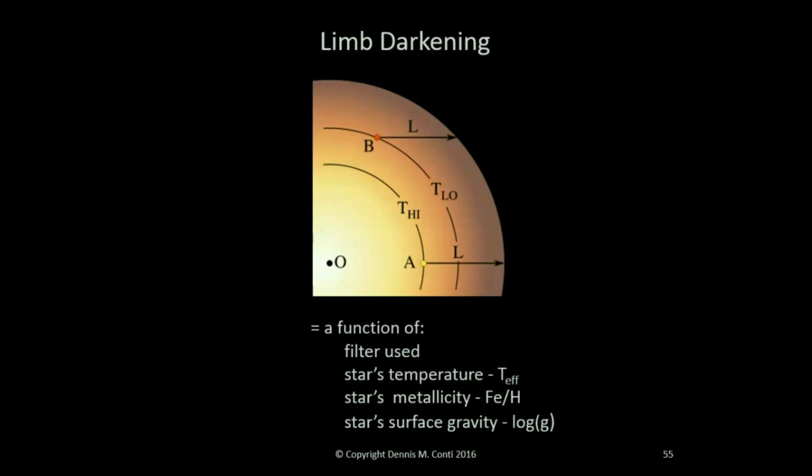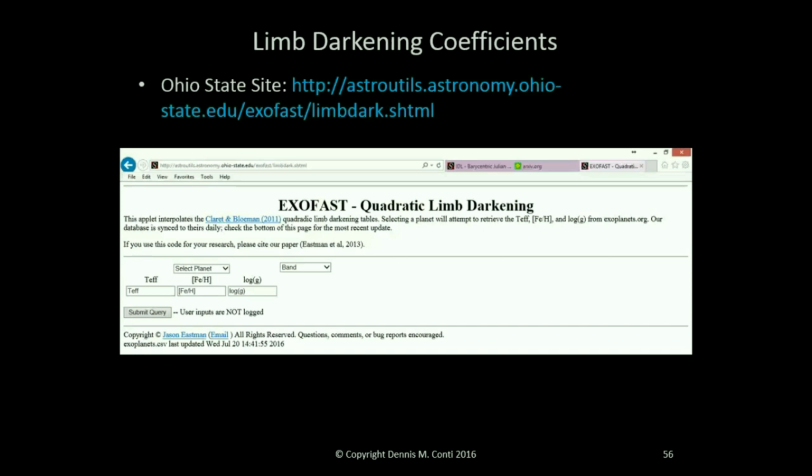If one has these parameters, there is a website that is operated by Ohio State that allows for input of either the planet itself and a filter, and submitting this query will have the limb darkening coefficients displayed.